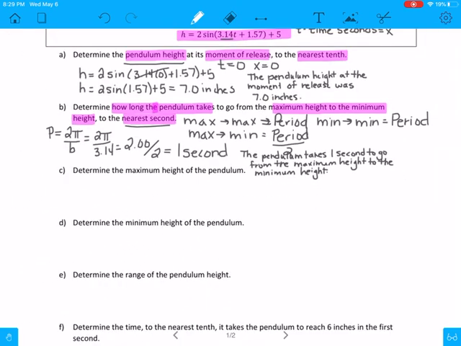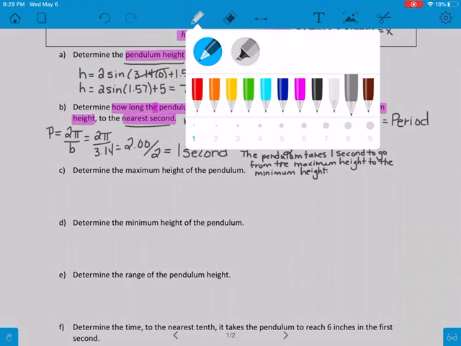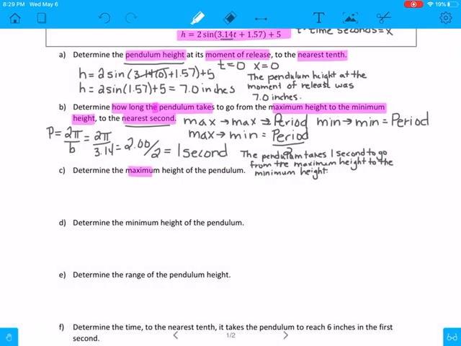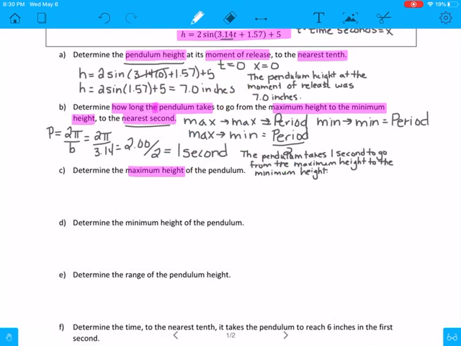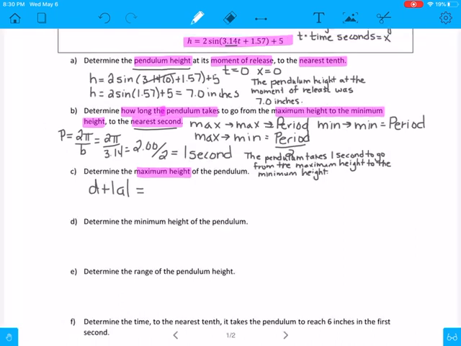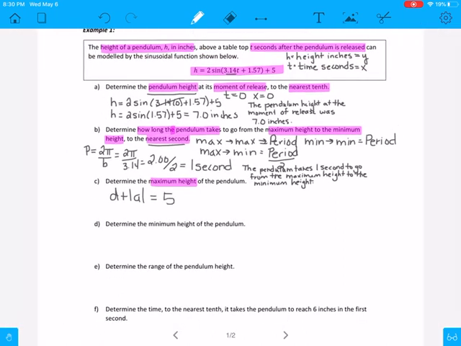And then here it wants you to determine the maximum height of the pendulum. To determine the maximum height, you do D plus the absolute value of A. So in this case, D is 5 plus the absolute value of 2, which equals 7 inches.